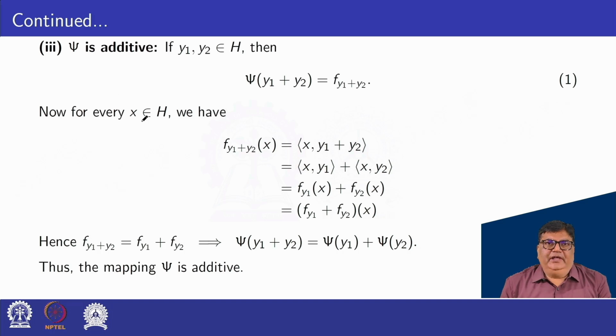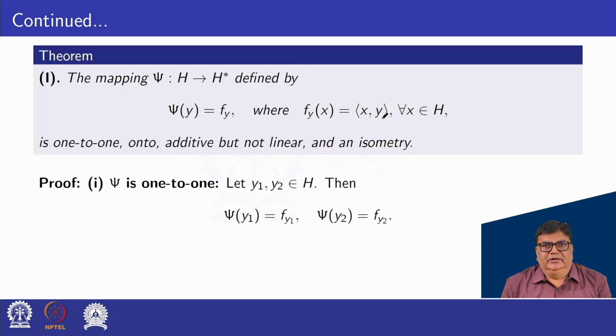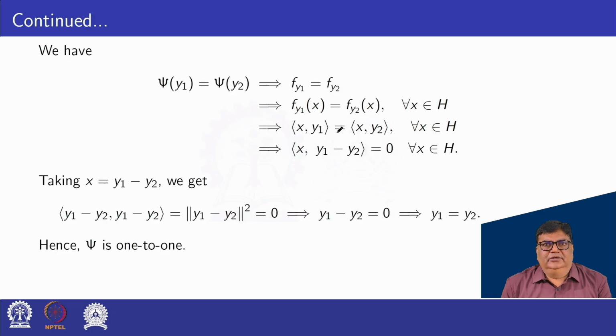Now for every x belonging to H, we have F of y1 plus y2, x equal to inner product of x and y1 plus y2 by the definition of Fy.